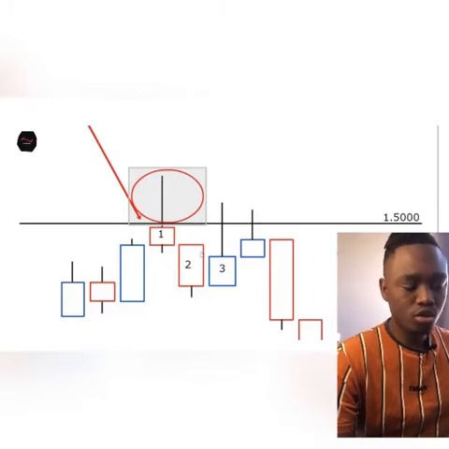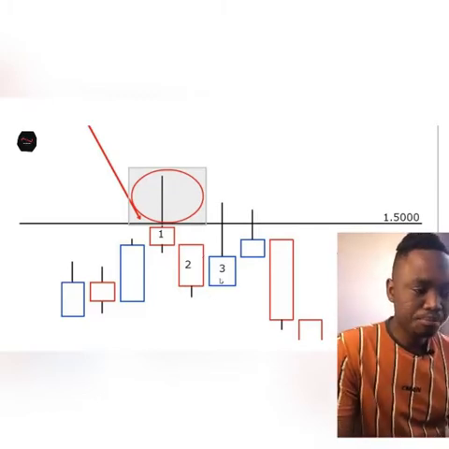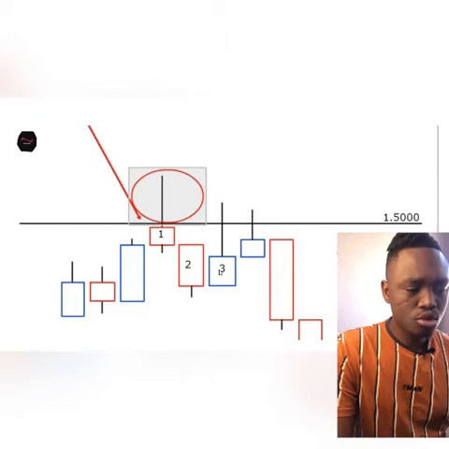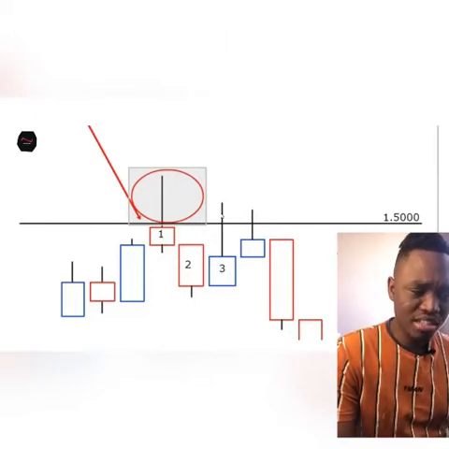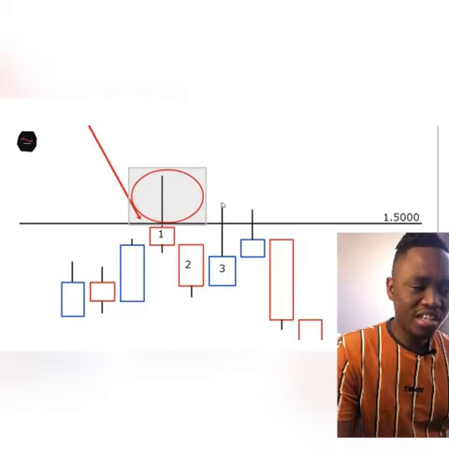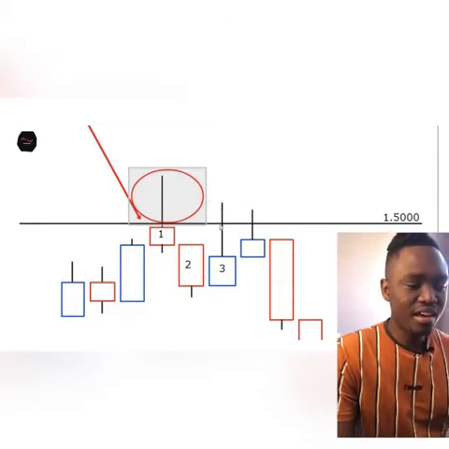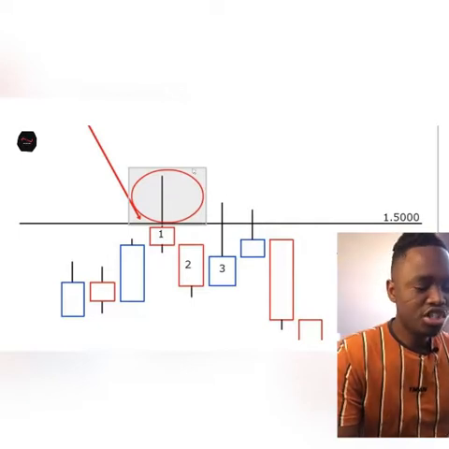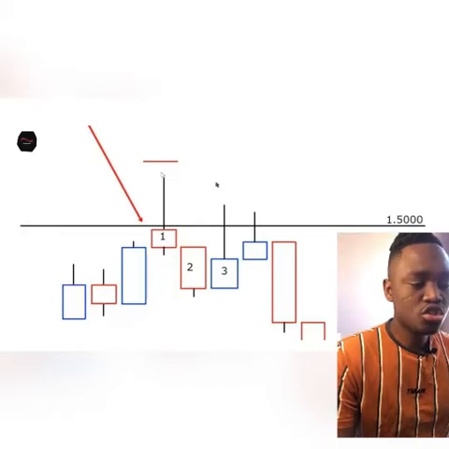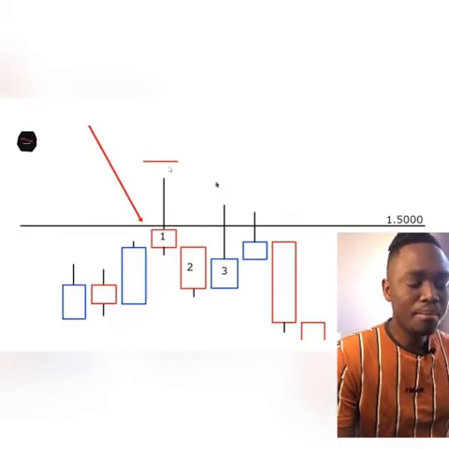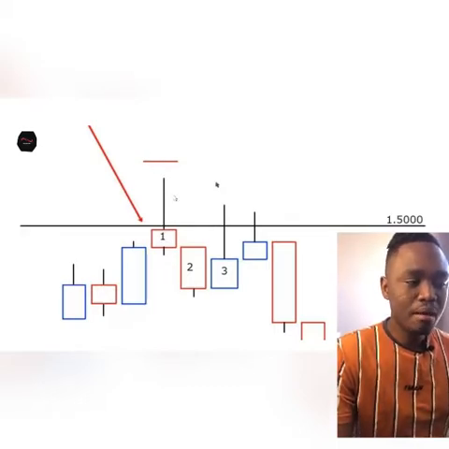So I would actually look for those 20, 15 pip stops. So I'll wait for this candlestick to actually move, maybe move in this area. Maybe I would enter in this zone here, placing my stop loss just above this candlestick here. You understand? So the stop run candlestick will be my measurement to actually place my stop loss.